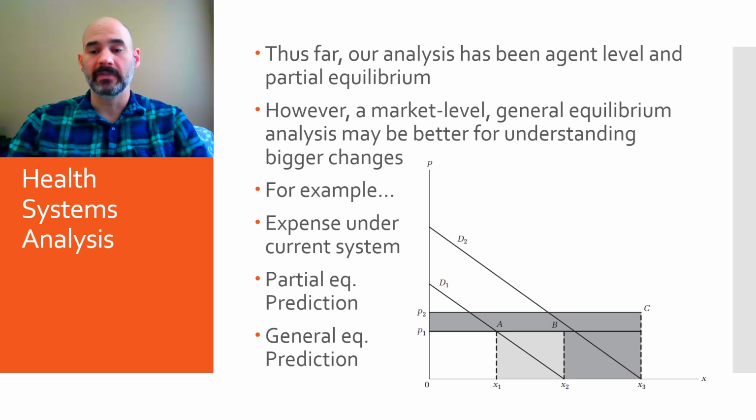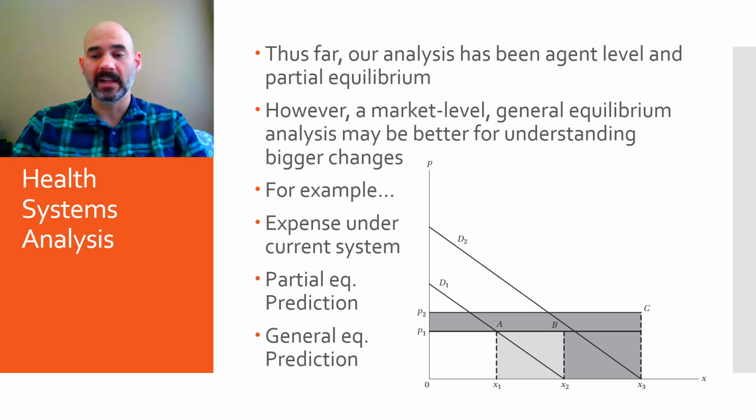And so if the price that consumers face became zero, then the consumers of healthcare in that economy would consume X2 units of healthcare. And while they wouldn't be facing a price, the entire economy and society would still need to pay for physicians and hospitals to provide those services.